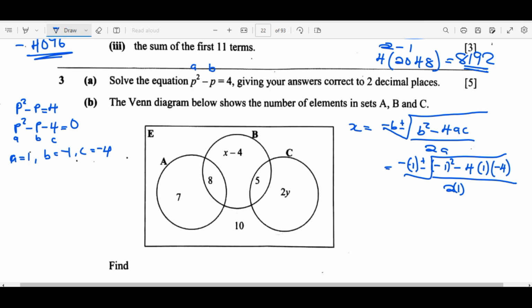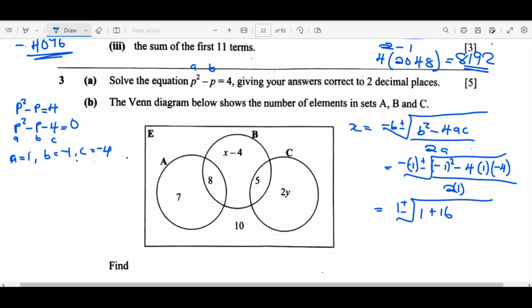So we can work out things there. Negative times negative, we're going to have a positive. So we have 1 and that will remain. Then negative 1 squared, we're going to have 1. Then negative 4 times 1, we're going to have negative 4, and then negative 4 times negative 4, we're going to have a positive 16 there.